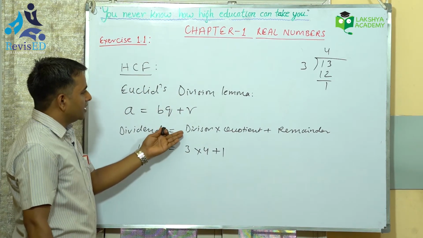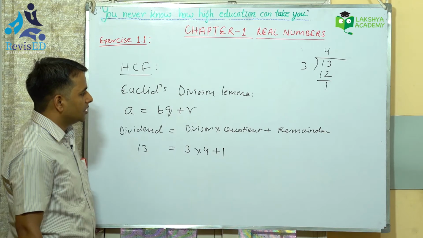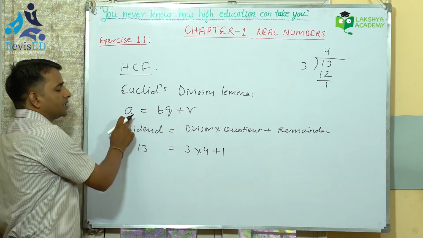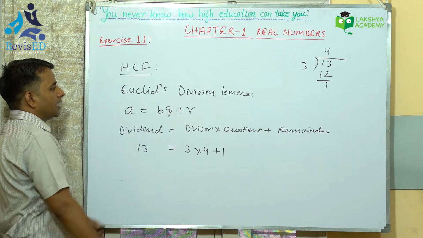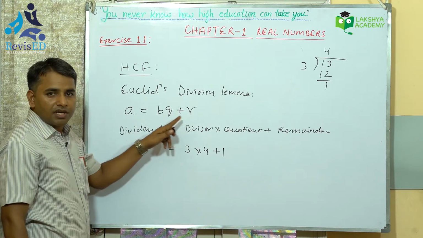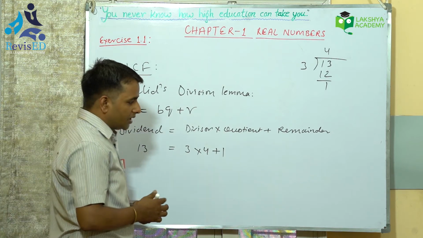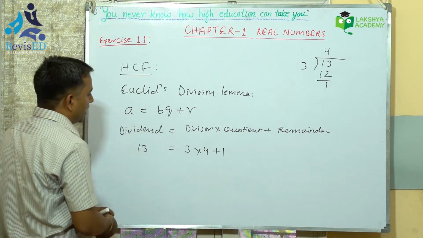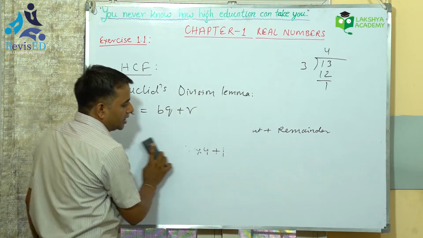So this is the simple division algorithm. In the same form, we have generalized this division algorithm and given it the name Euclid's division lemma: A equals BQ plus R. Now we will take simple examples of how to find the HCF using this.